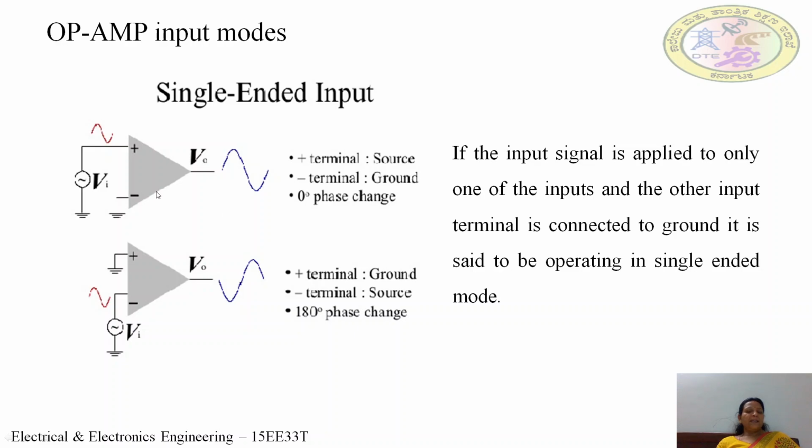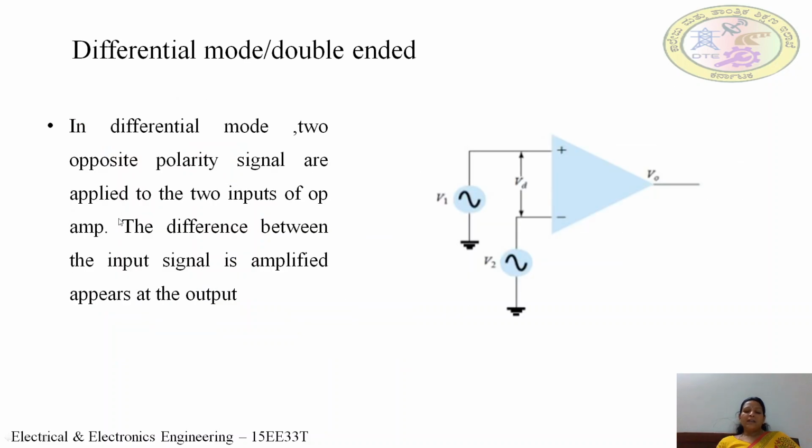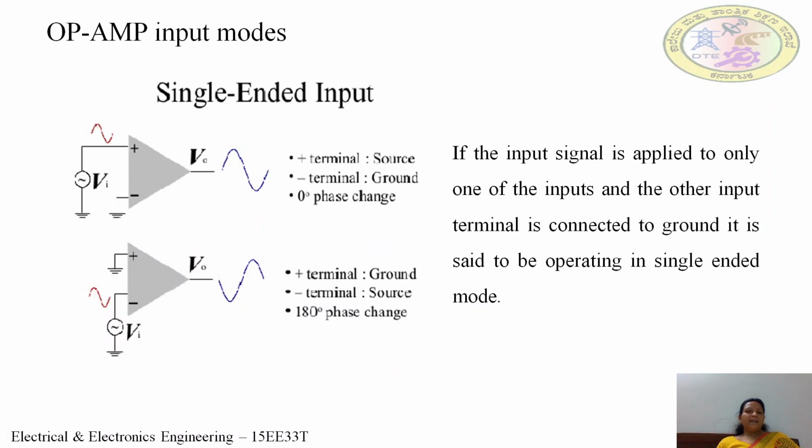As you can see here, if you apply the signal to be amplified to one of the terminals and the other terminal is grounded, then this kind of input application is called single-ended input. So if the input signal is applied to only one of the inputs and the other input terminal is connected to ground, then the operational amplifier is said to be operating in single-ended mode.